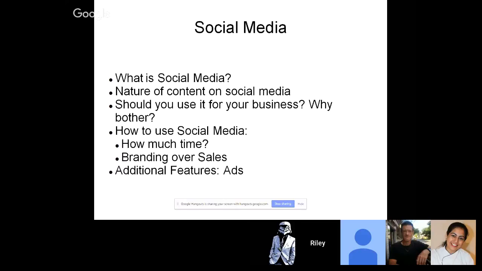It's all about where you put the value in the branding and the trust and the other kind of intangibles that you can get from social media presence, versus devoting a similar amount of time to things you know are going to result in more direct revenue. And that is a big problem with using social media for businesses. It's often very hard to quantify the actual impact of it.